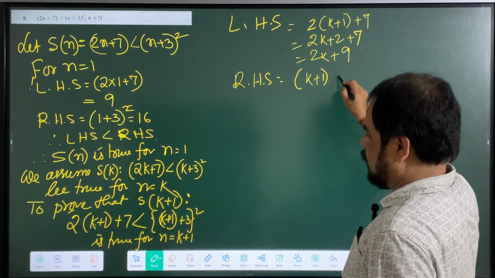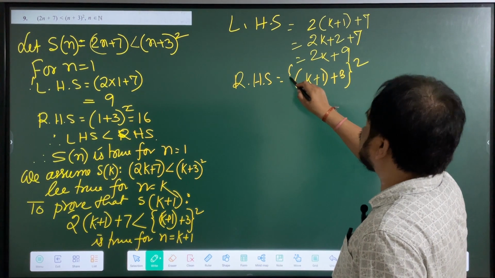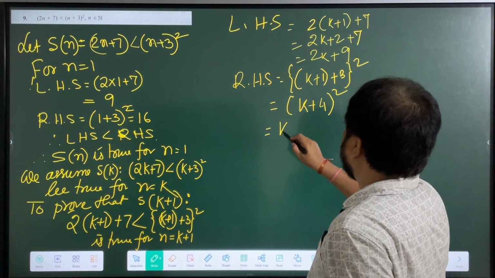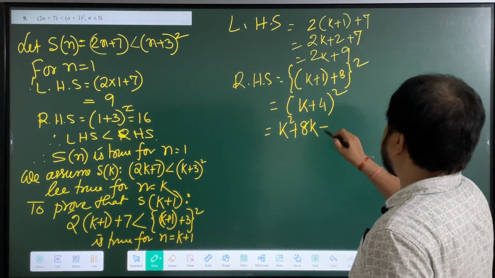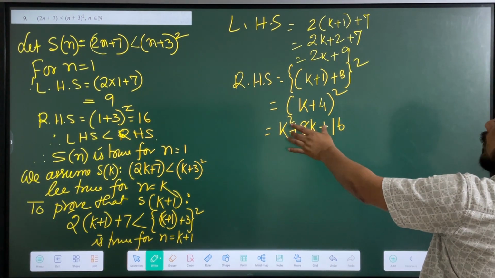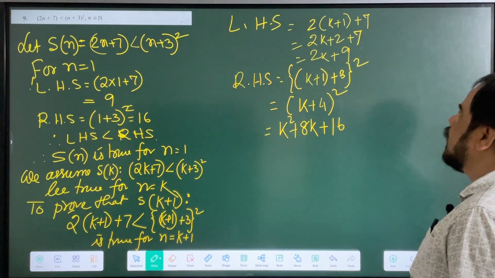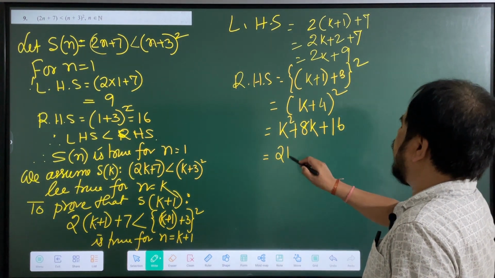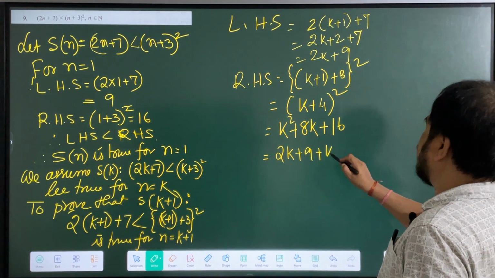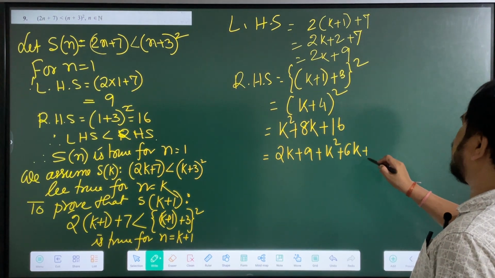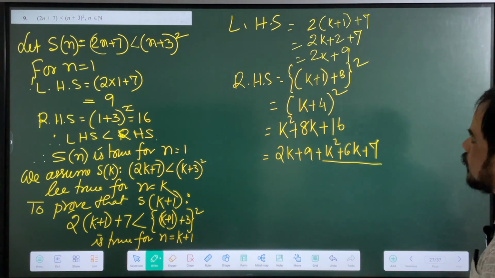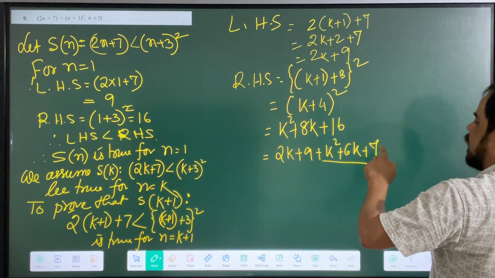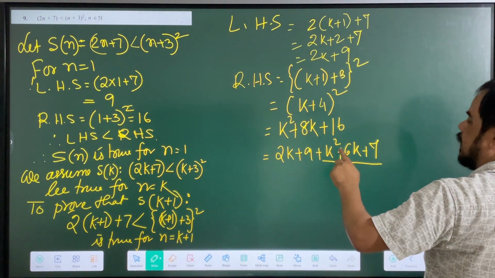K plus 1 plus 3 whole square, k plus 4 whole square. k square plus 8k plus 16. A plus b whole square formula directly I have applied. Now by looking at this, we can write 2k plus 9 plus k square plus 6k plus 7: 2k plus 6k is 8k, 9 plus 7 is 16, k square is k square.